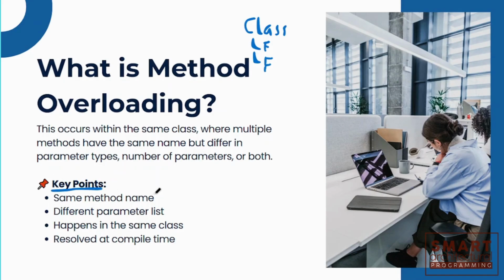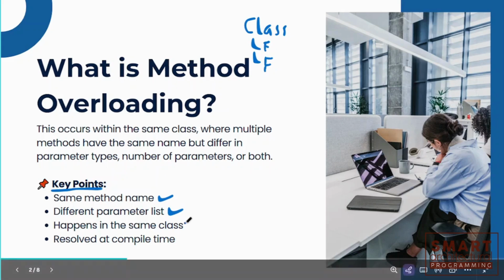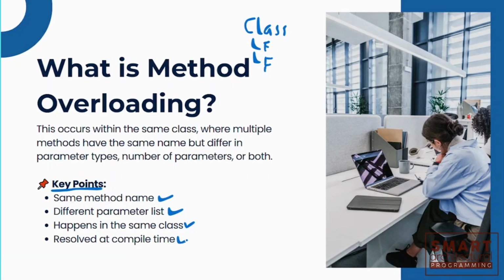Methods have the same method name. That's important. Then they have a different parameter list, which is either type or number or both. It happens in the same class. And it is resolved at compile time. We haven't covered that, but you get the gist of it. Just keep that in mind, but the other three are the very important aspects of this.